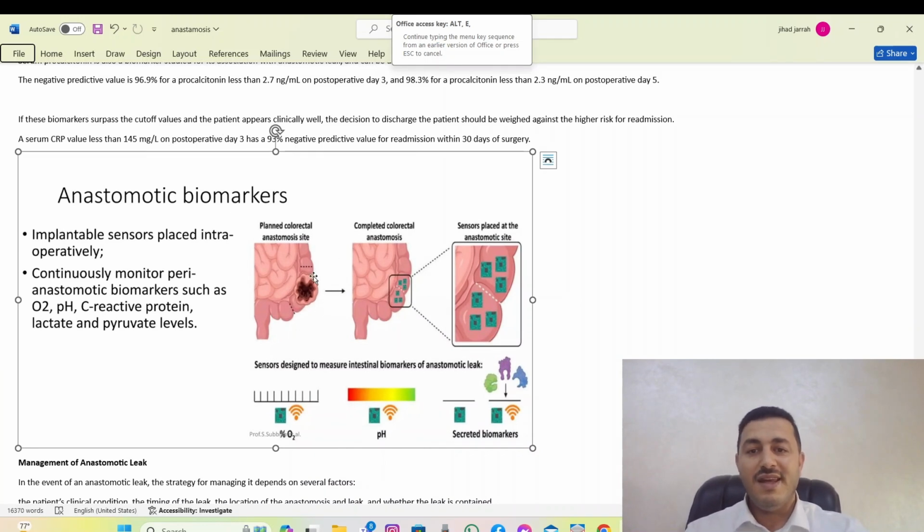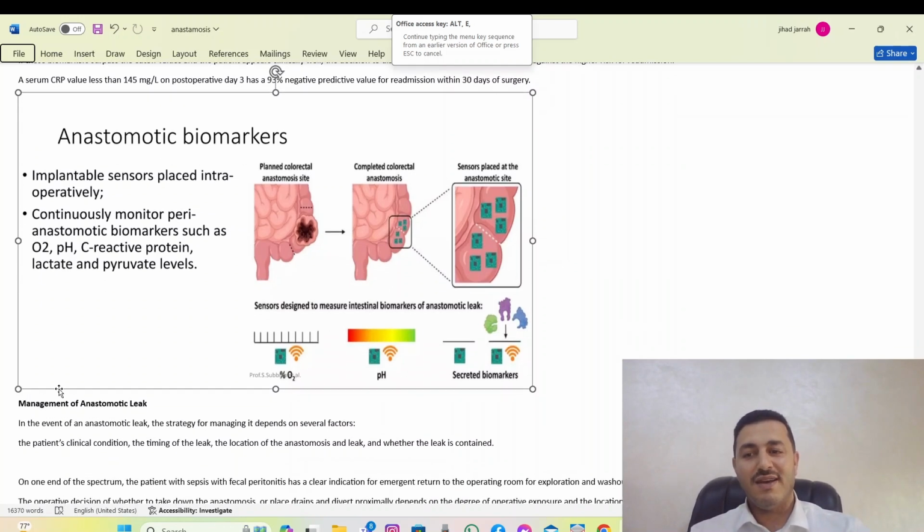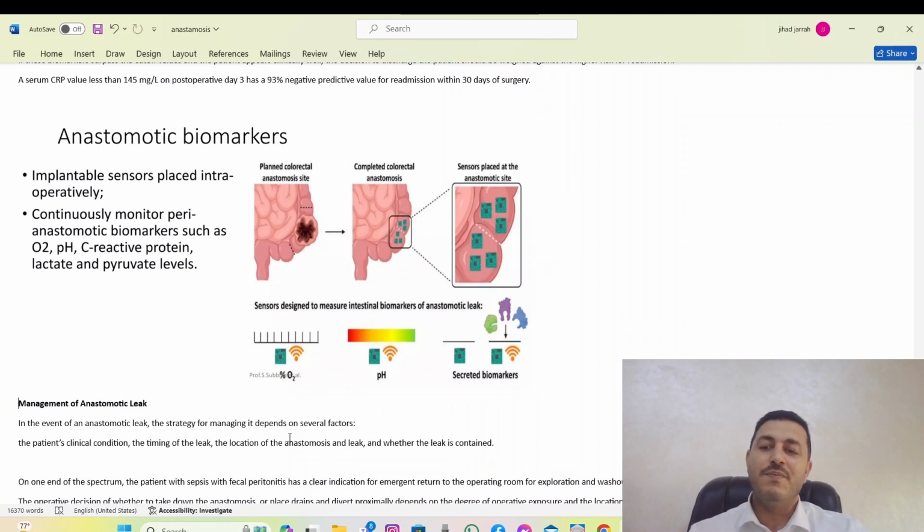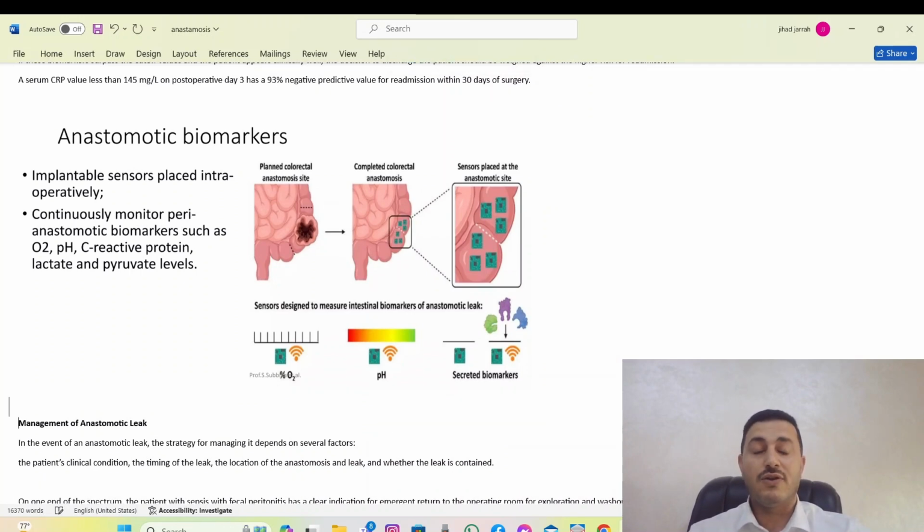You can see they do resection and anastomosis, and they implanted a sensor intraoperatively. These sensors detect the O2 saturation, the pH, and the C-reactive protein, and tell us if there is suspicion for leak. A nice way. So this is how we diagnose leak.